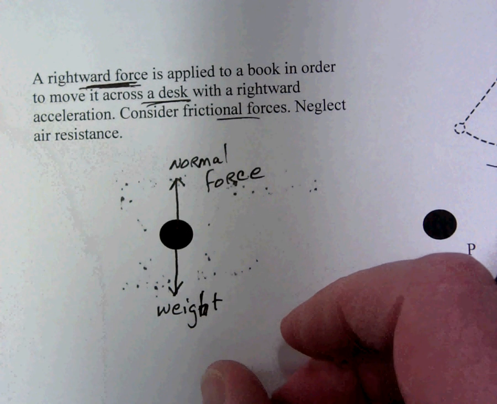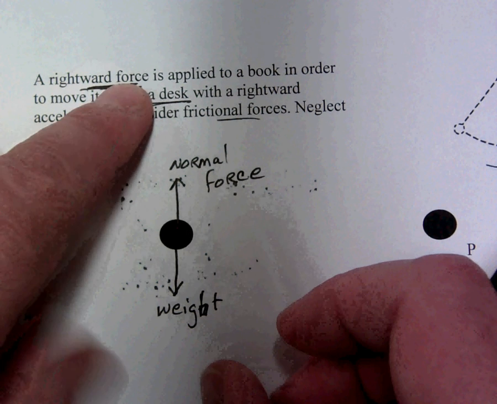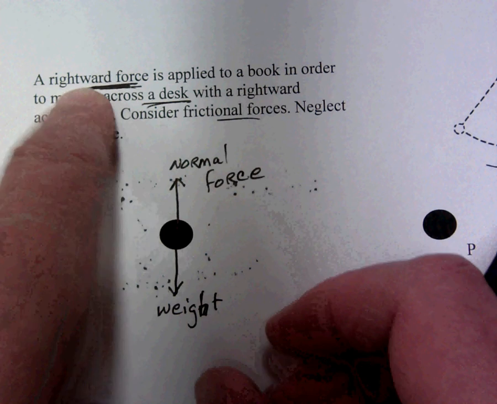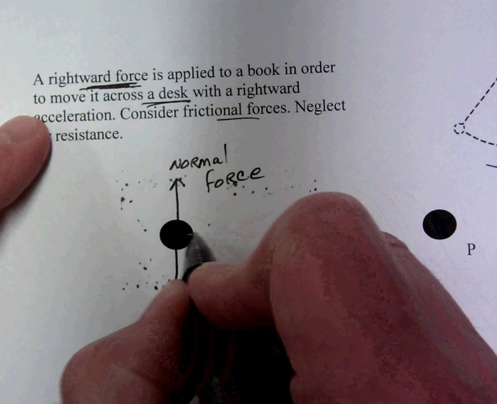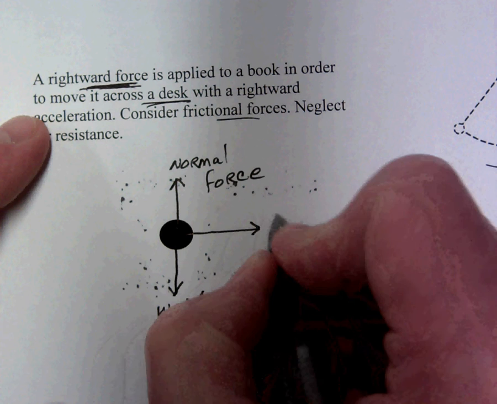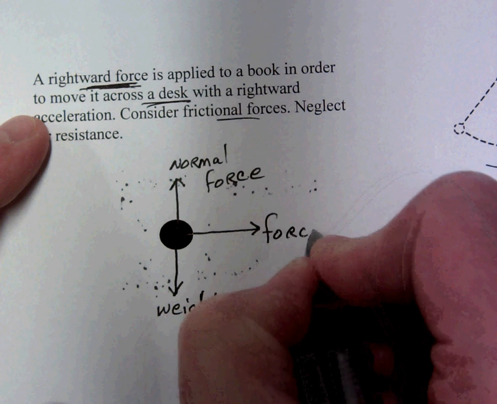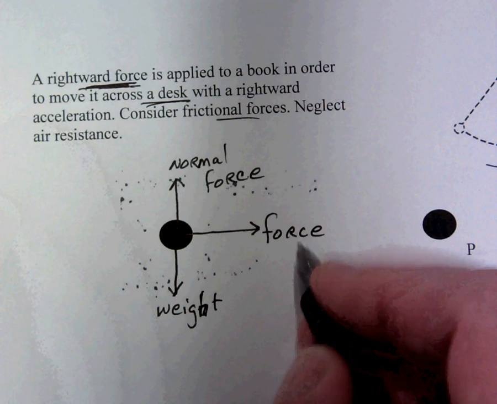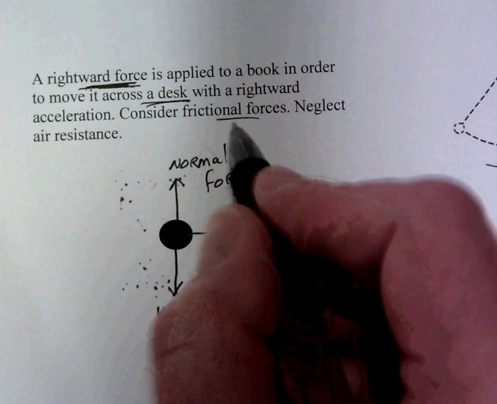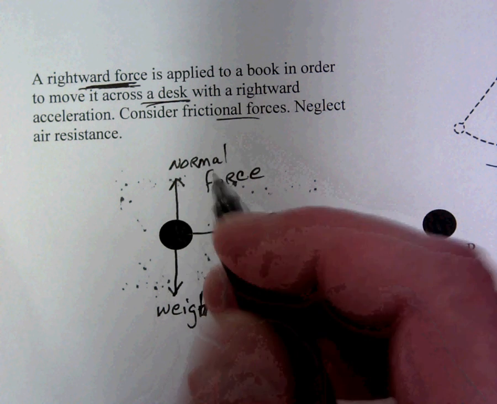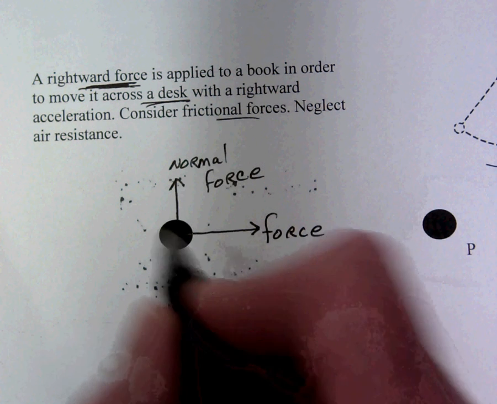We're not pulling it, but we say a rightward force, and it's going to the right. So this is a force, where we're pushing it or slinging it to the right. But then we have to consider frictional forces. Remember, frictional force is opposite the way it's going.